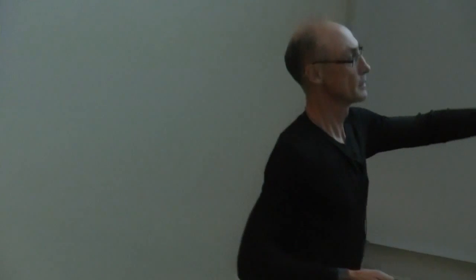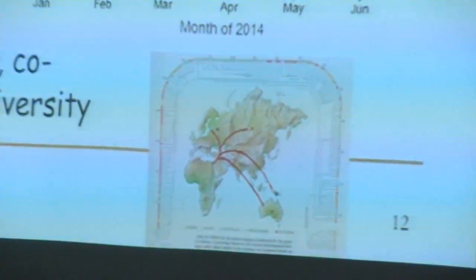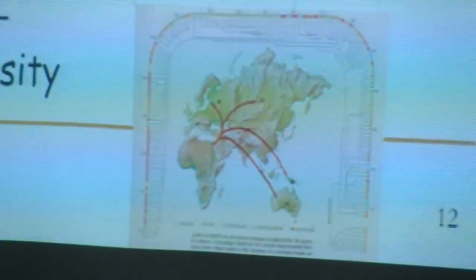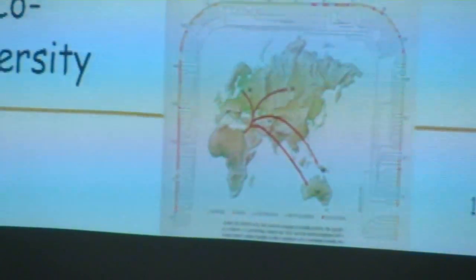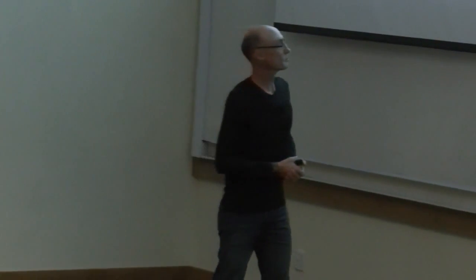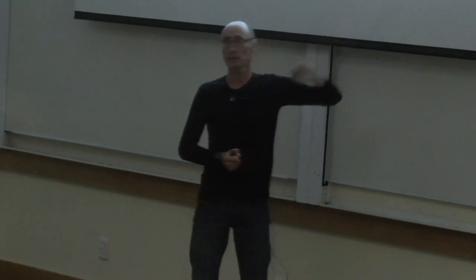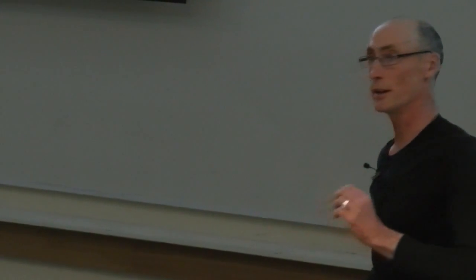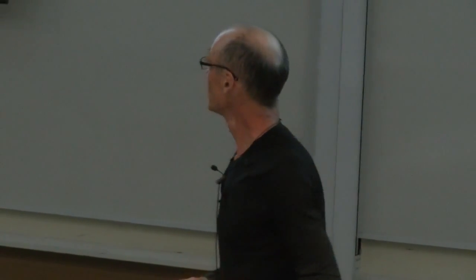And of course, those of you that have come to some of the Alan Wilson Centre talks will know the story of the famous work of Alan Wilson's group in Berkeley that led to the out of Africa hypothesis, the idea that all humans on Earth are descendants from a migration out of Africa very recently, 100 to 200,000 years ago. Very revolutionary idea when it came out in the 1980s, but one that is now generally accepted. So that work was very much reliant on phylogenetic techniques.